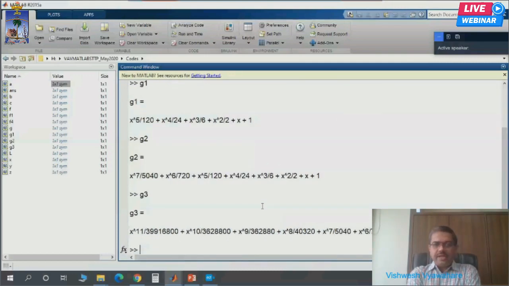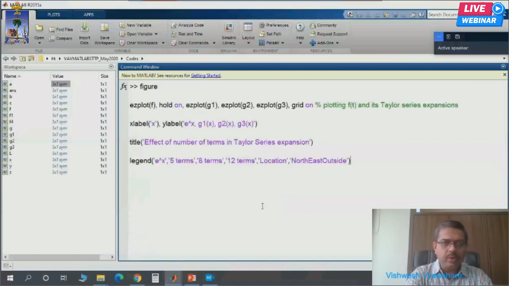I want to see the effect of increasing the number of Taylor series terms on its convergence. So I am going to plot all this. Now don't try to go into the details of this code. Basically it is going to plot e to the power x, it is going to plot g1(x), it is going to plot g2(x), and it is going to plot g3(x). And let us see what is the result.